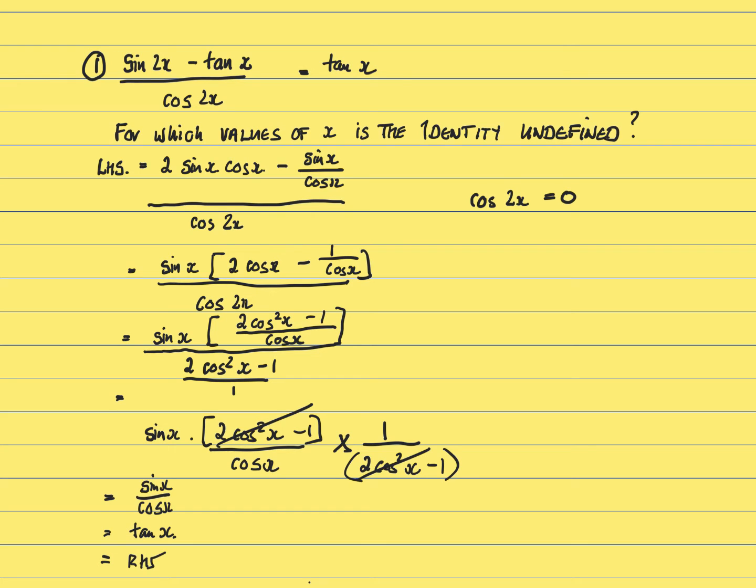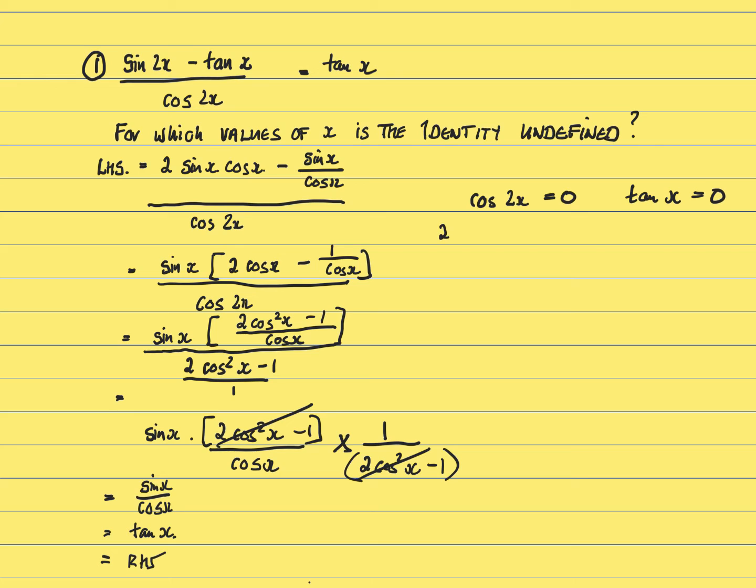And also, as soon as I've got a tan, I know that the tan of x is not allowed to be equal to 0. So let's just think of a normal cos graph. A normal cos graph is going to equal 0 at 90 and 270.